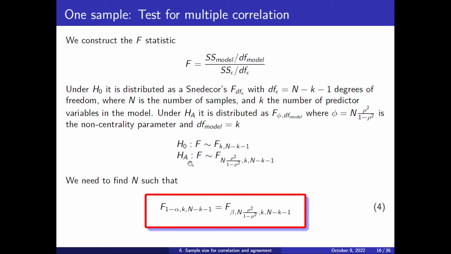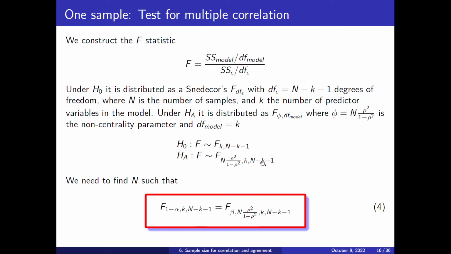And under the null hypothesis, this F is distributed like this. Under the alternative hypothesis, F is distributed like this, where this first term is the non-centrality parameter, and k and n minus k minus 1 are the 2 degrees of freedom.